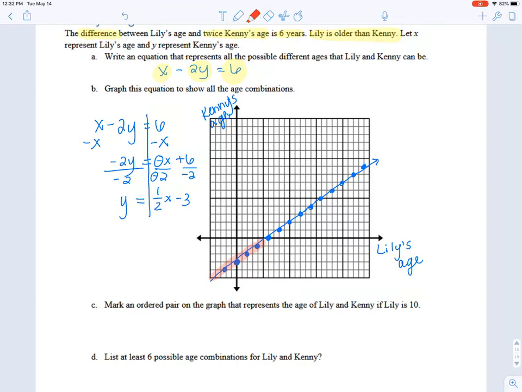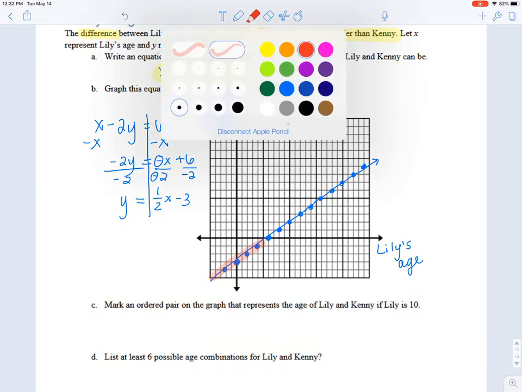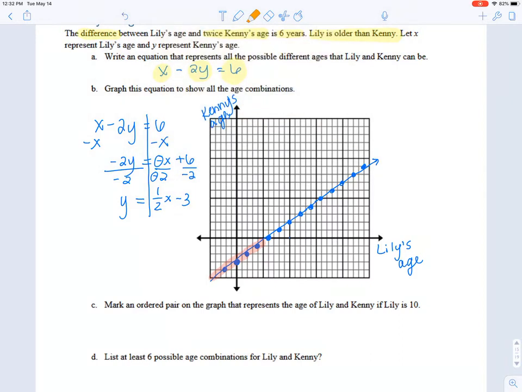So mark an ordered pair on the graph that represents the age of Lily and Kenny if Lily is 10. So I'm going to find 10 on my x-axis, which is right here. And I'm going to follow that up. Let me highlight this so you can track my thinking. I'm going to go over to 10 and up to where it intersects. And it intersects at this point, which is 10, 2.